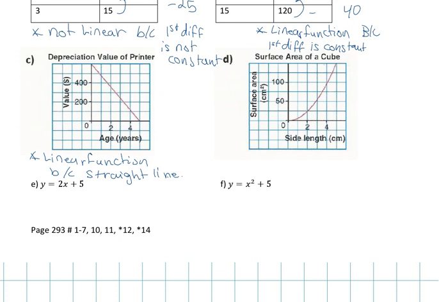What can you tell me about the second graph, which is the surface area of a cube? Huh? Not quadratic, it's an explode. Well, it could be half quadratic. Yeah, but this is not a straight line. So we can say that it's not linear.